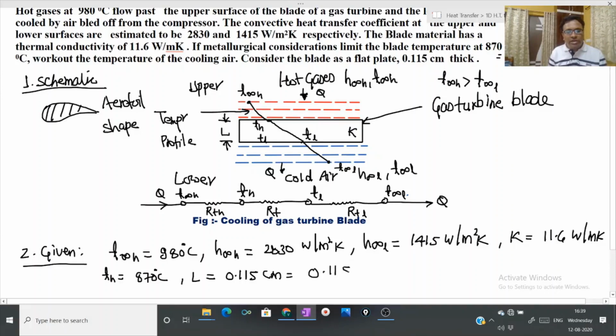Let us immediately convert it into meter to maintain the homogeneity. Now any other thing is given? No. We could enlist all the given things.